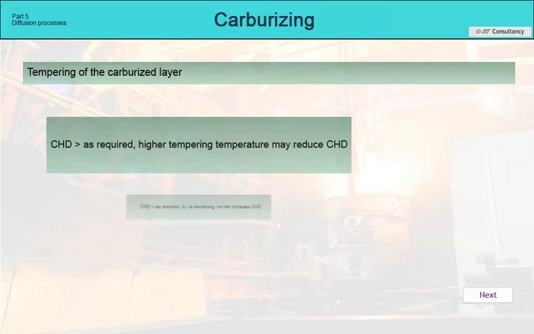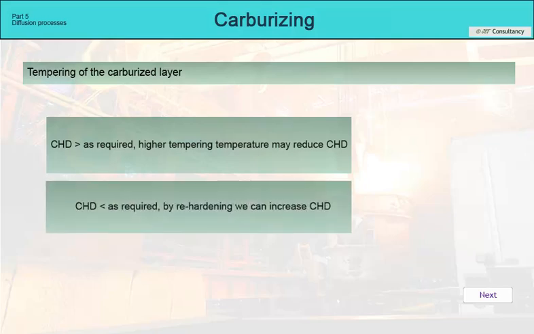If the opposite is true, and the CHD is lower than required, we usually have no choice but to include rehardening and, within this process, increase the carburizing depth by additional diffusion. However, we must be careful to set the CP in the furnace so as not to carburize or decarburize the surface layer with carbon outside the eutectoid point, 0.8% carbon.